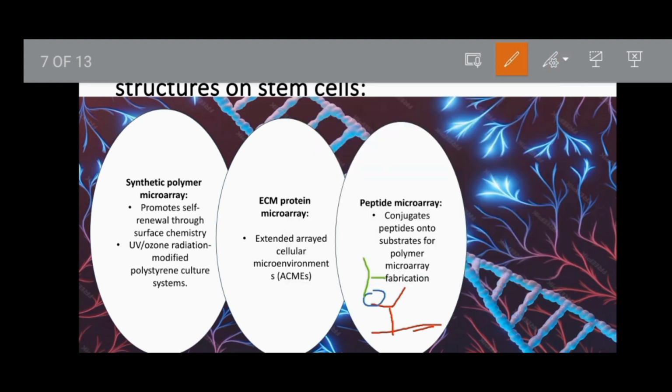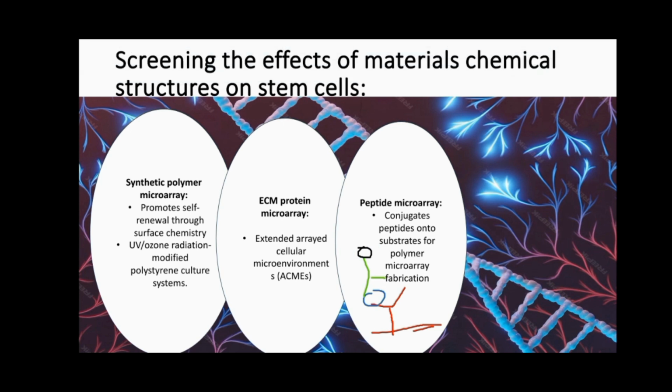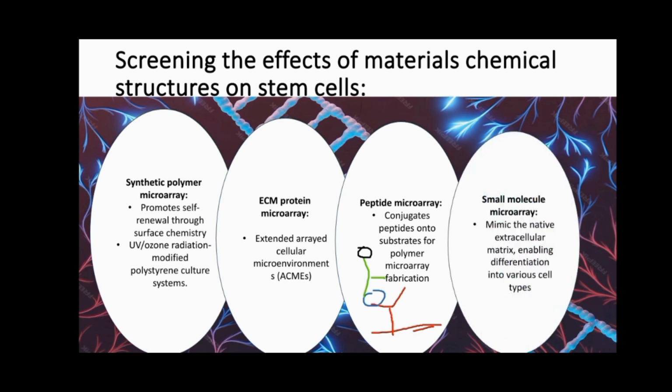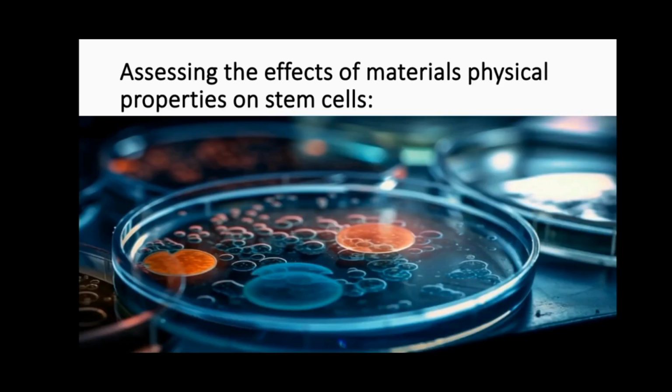Now, secondary antibody labeled as green recognizes this antigen, and this secondary antibody is being labeled, and this biomarker is shown as black portion here, and that's how it works. Now, the fourth type named small molecule microarray mimics the native extracellular matrix and eventually enables differentiation of stem cells.